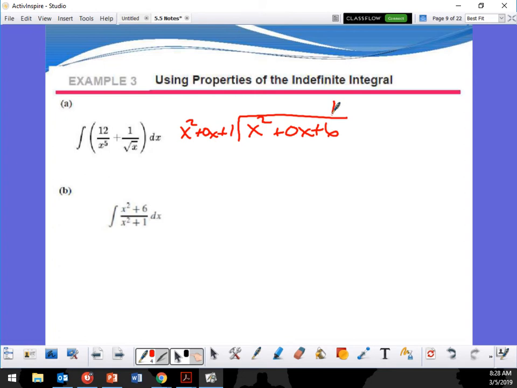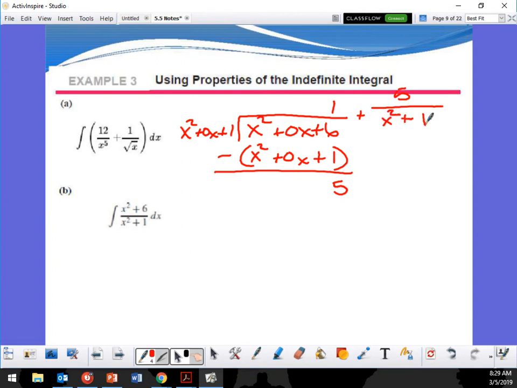Alright, so that's going to give me 1, so it's going to be x squared, right? And plus 0x plus 1, which leaves 5. Okay, from right here, it's just going to give me what? 5. So that's going to be plus 5 over x squared plus 1.